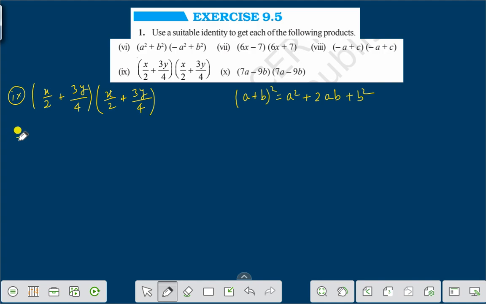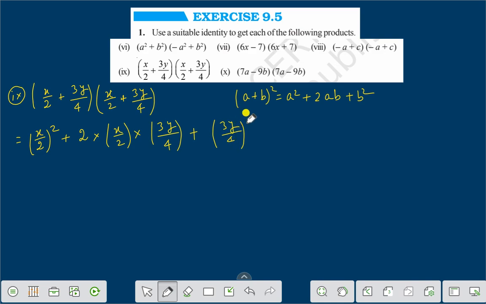Apply this identity, therefore we are getting x by 2 whole square plus 2ab, 2 into a is x by 2 into b is 3y by 4, plus b square is 3y by 4 whole square.